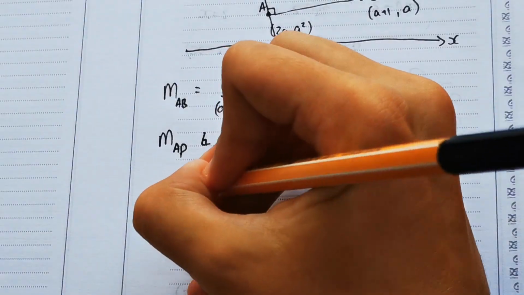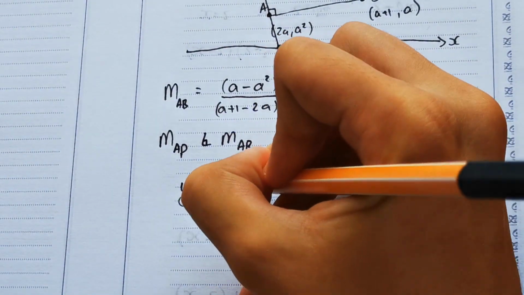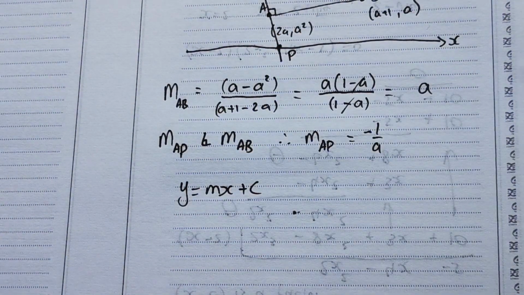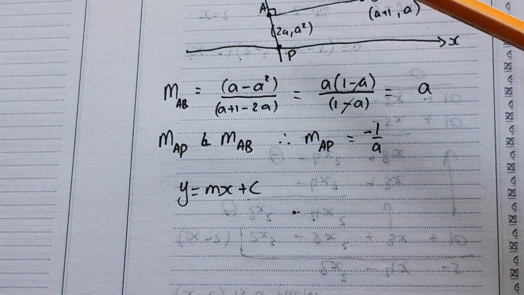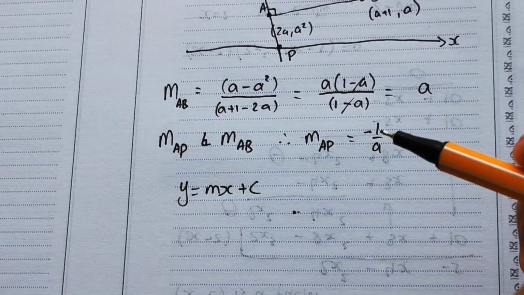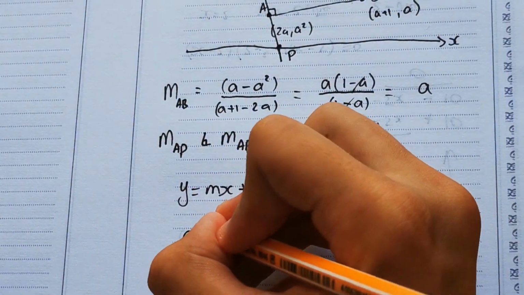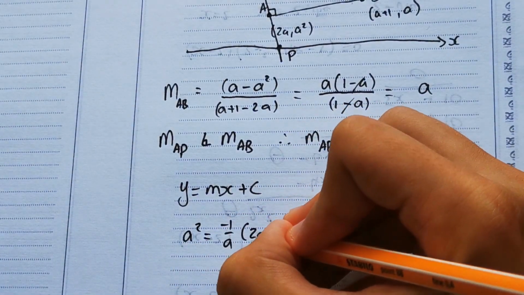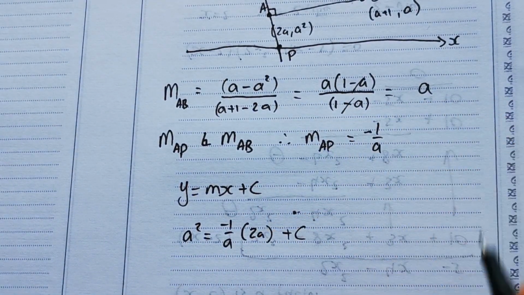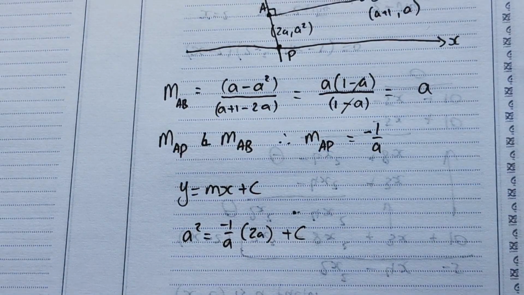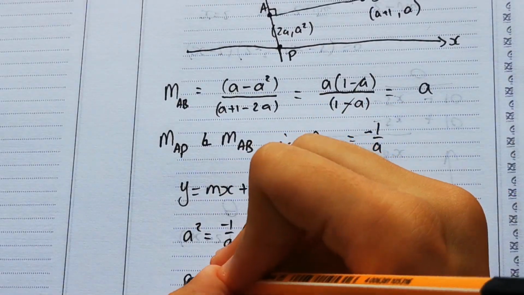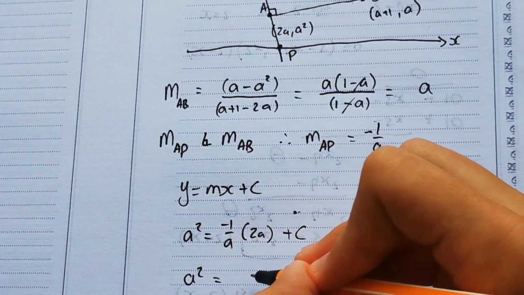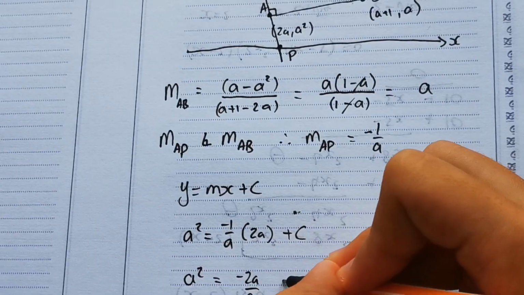Okay, y equals mx plus c. So, we know that at A, remember we have the coordinates of point A, y is equal to a squared. Our gradient is minus 1 over a. Our x is 2a, plus c. So let's work out what our c value is. A squared equals minus 2a over a plus c.